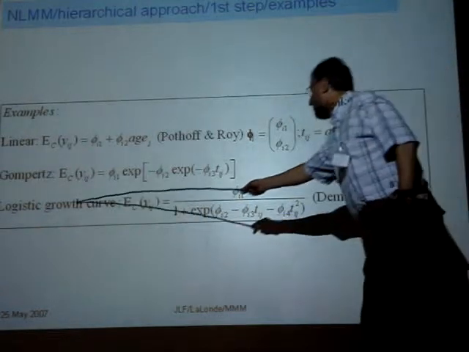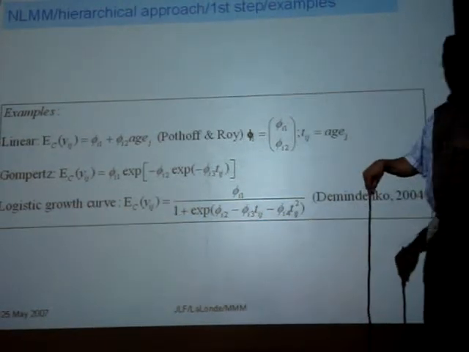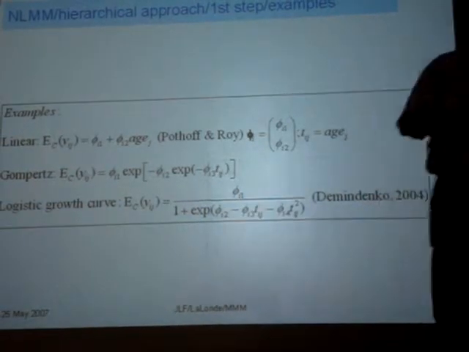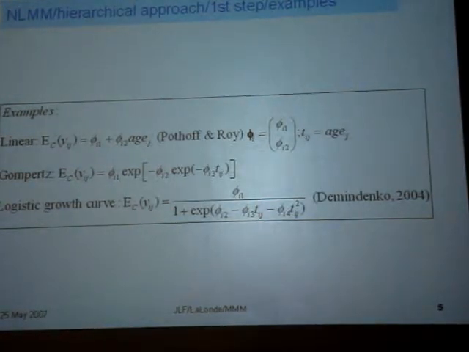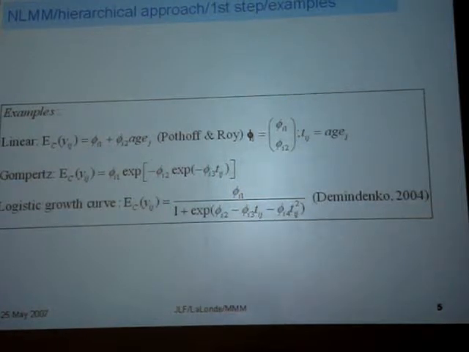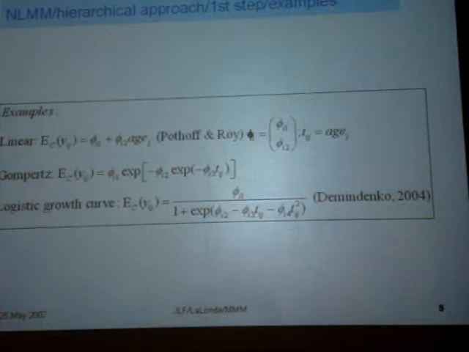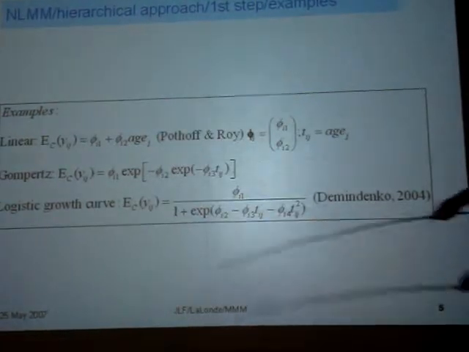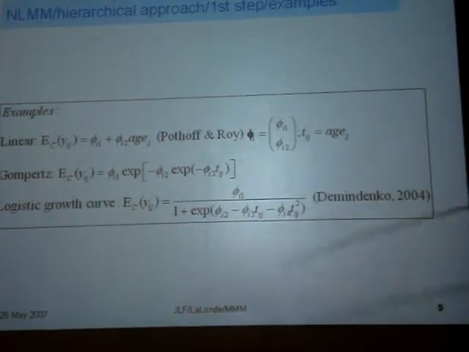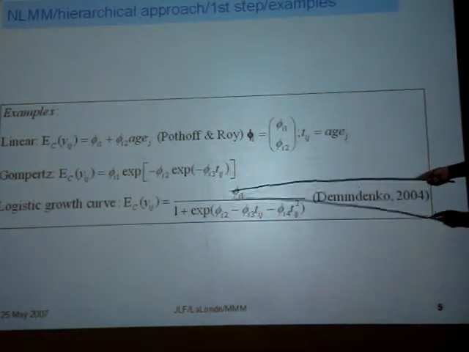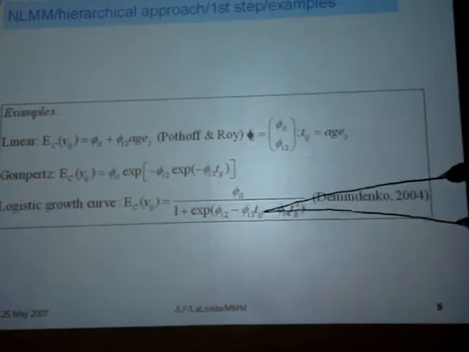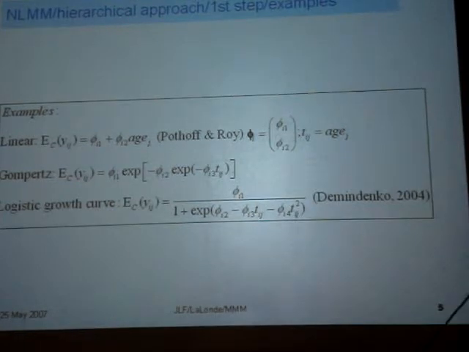Another function I report to describe logistic growth curve, and that might be useful for your project. Remember, you have projects. You will work on projects tomorrow. It has been proposed by Davidenko in his book in 2004. It is a quartic logistic growth function which involves four parameters: phi1, phi2, phi3, phi4.